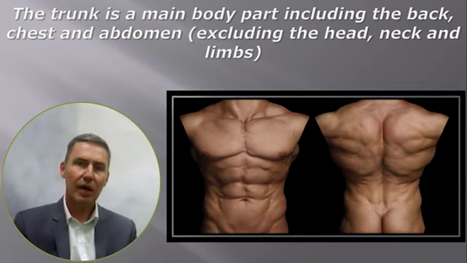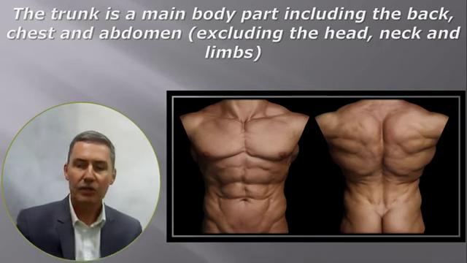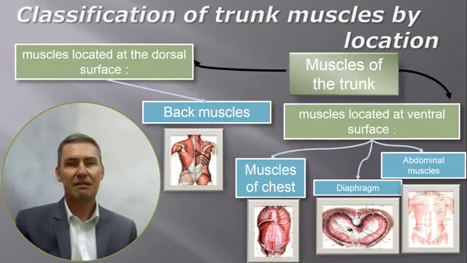First of all, you have to know the definition of the trunk. The trunk is the main body part including the back, chest and abdomen, excluding the head, neck and the limbs. So let's start talking about the muscles of the trunk.